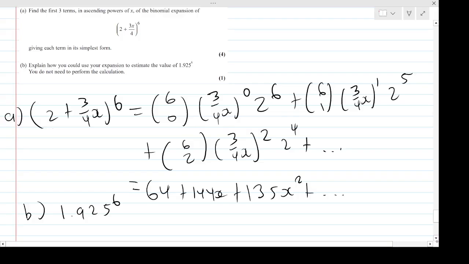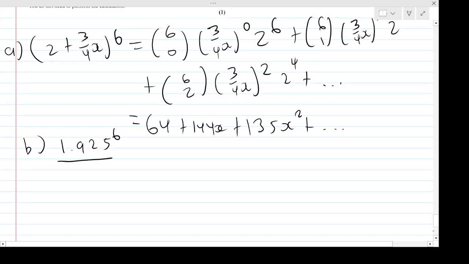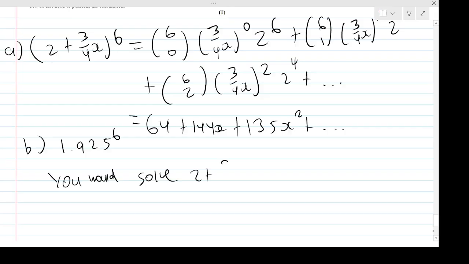Well, it's basically what we always did before, previously. Notice, again, that this number is a power of 6. This bracket is a power of 6. I can then equate the two together. So what I would say is, you would basically solve 2 plus 3 over 4x equals 1.925 to get x.